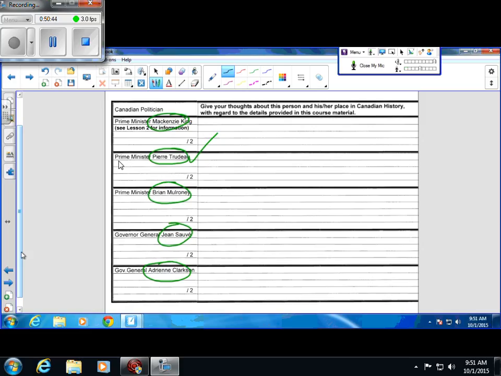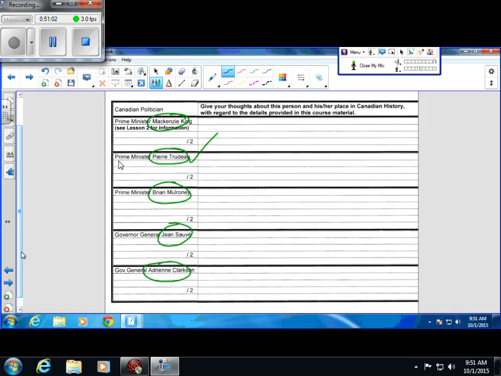Or it could be, I think Pierre Trudeau was an excellent man because he stopped the violence, he stopped the FLQ by using the War Measures Act. Something like that.